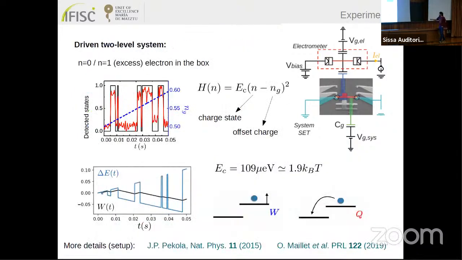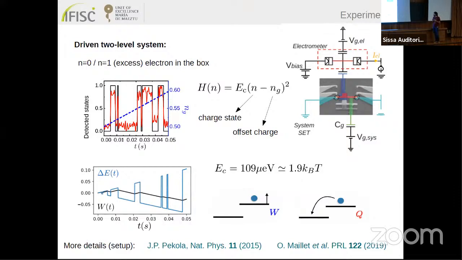So this is the Hamiltonian of the system. This is an effective two-level system, where you can have either 0 or 1 excess electron in the island. So what we do is to digitize the current that the detector measures, because it is capacitively coupled to the island.